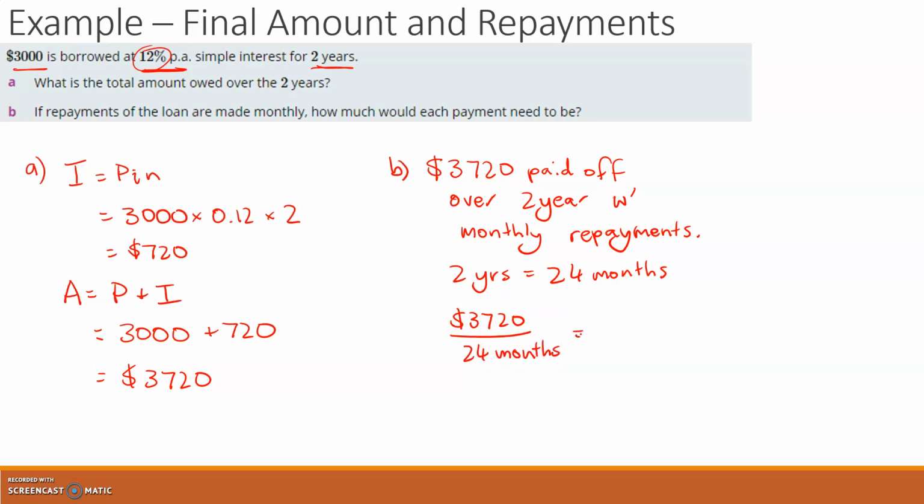Because we've got 24 months, what we're doing right now is working out how much our repayment has to be each month in order to pay off that 3,720. And the answer is $155 per month. So what that means is each month, if we pay back $155, at the end of the 2 years, the 24 months, we will have fully paid off the $3,720.